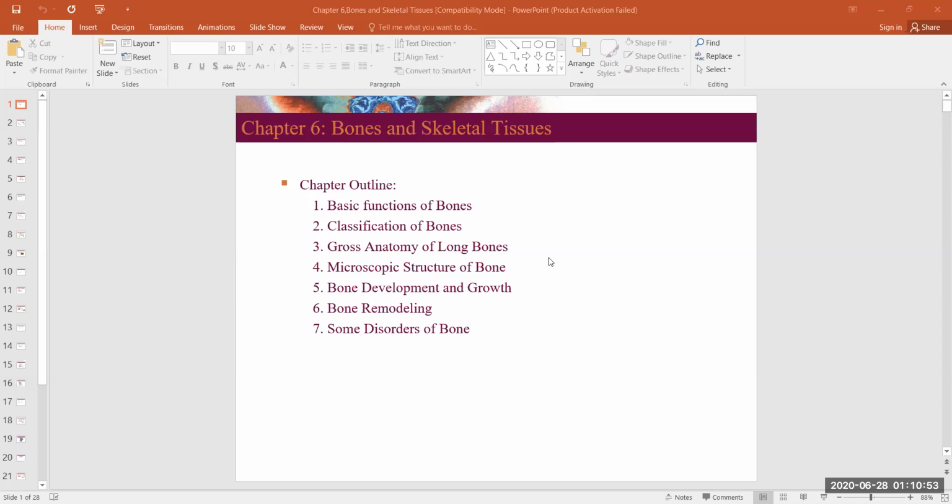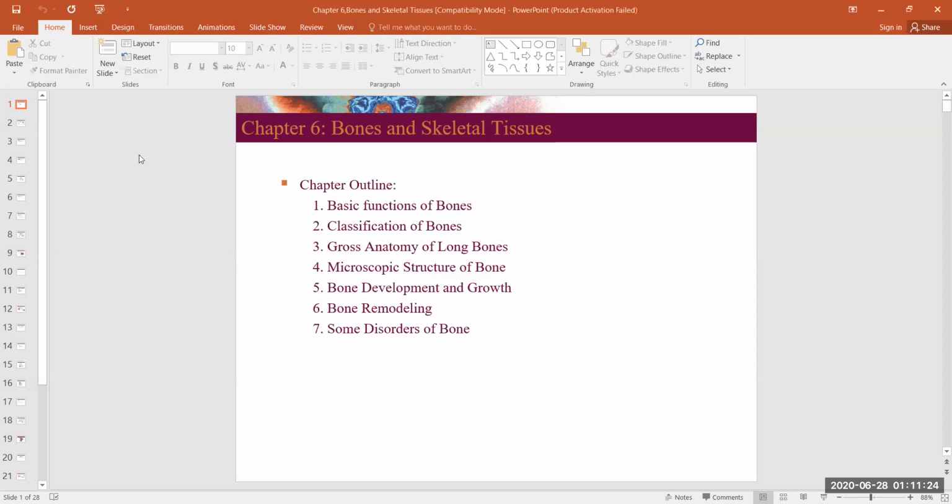So we're going to talk about development and growth of the bone. That is called osteogenesis. And then the bone surface is smooth and modeled. So how bone is remodeled, how its shape is maintained, how its growth is maintained at a rate, we will talk about that, and then we'll talk about some disorders of bone.